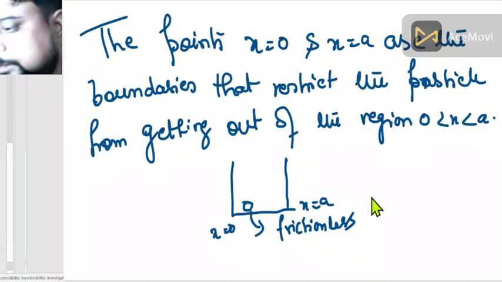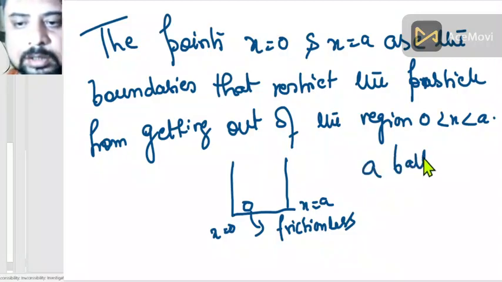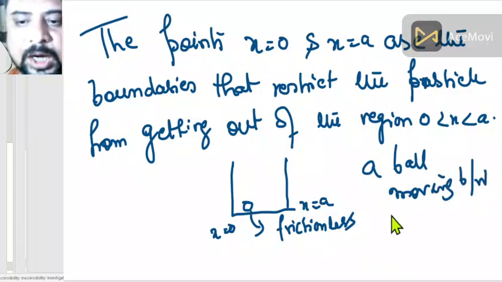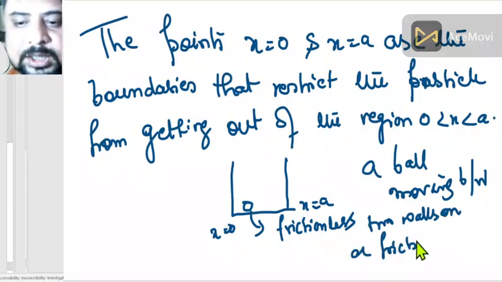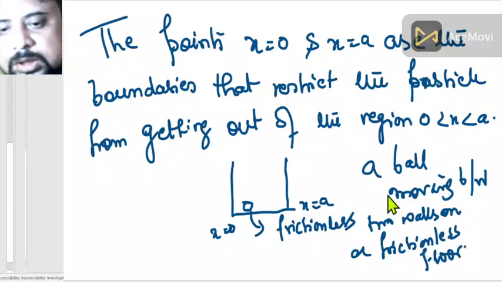So I am giving you a clue to realize the situation or to imagine the situation. A ball moving between two walls on a frictionless floor. This is, you can say, a classical situation.